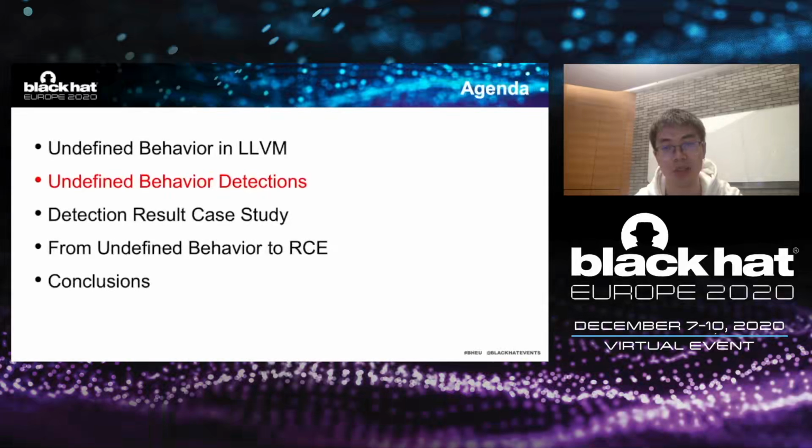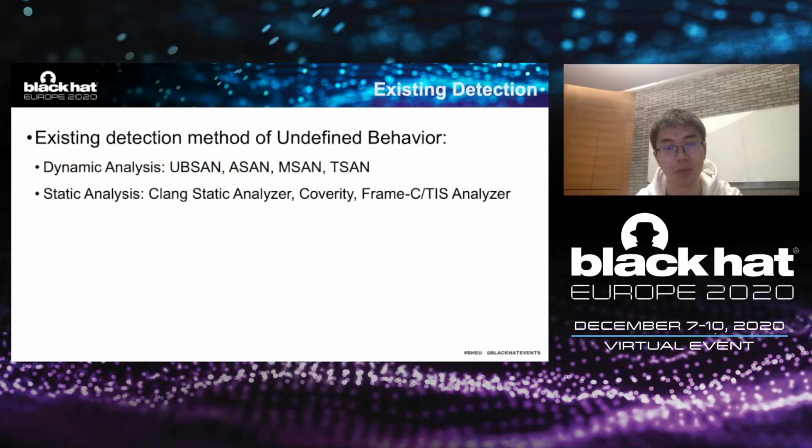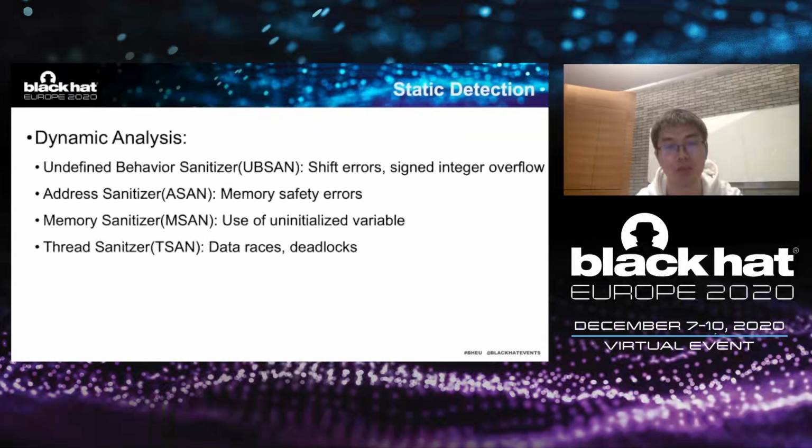Next part, we'll discuss the detections. Existing detection methods can be classified into two categories: static analysis and dynamic analysis. Dynamic analysis is usually fuzzing. Various sanitizers help a lot.